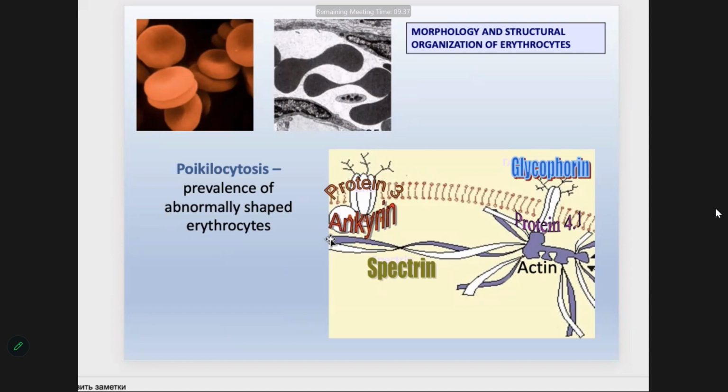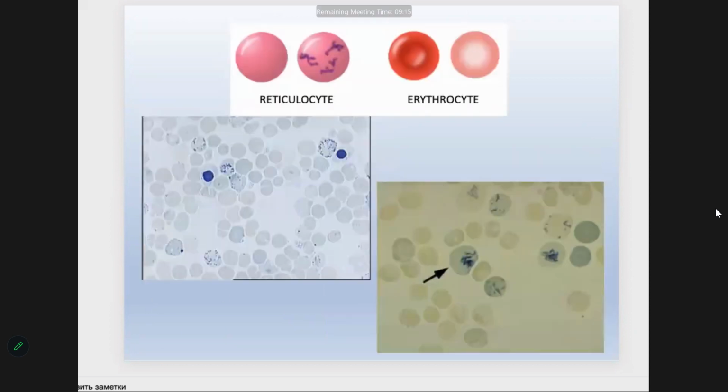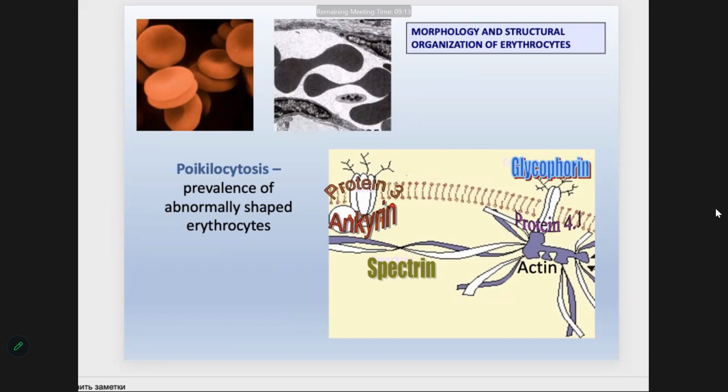There are many proteins present in the plasmalemma of erythrocytes. These are transport proteins, transport channels, and receptor proteins. Proteins of blood groups are also present in the plasmalemma of erythrocytes.